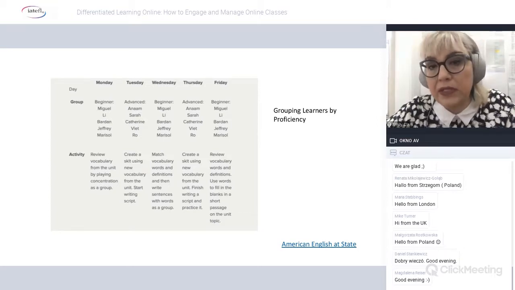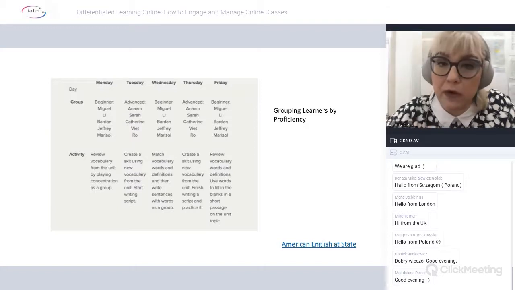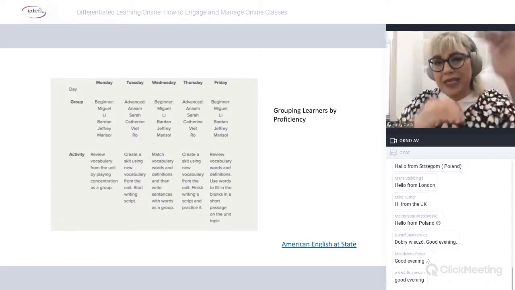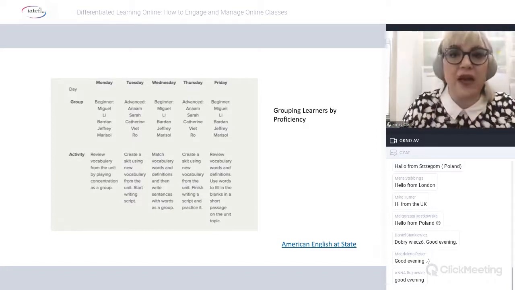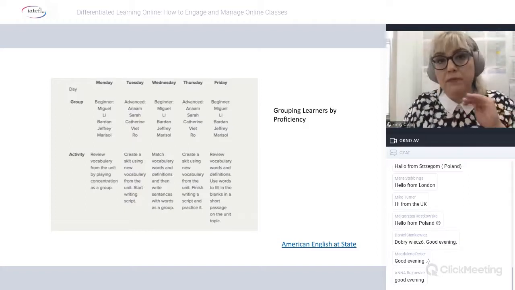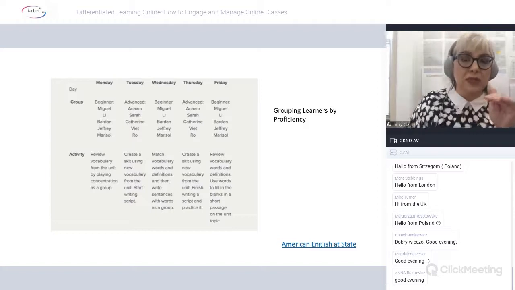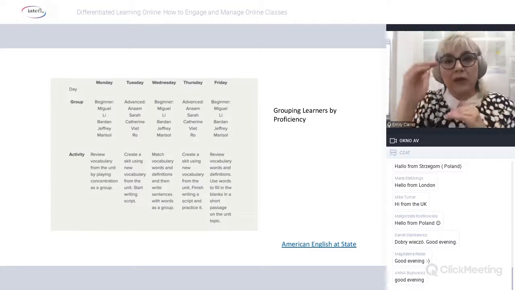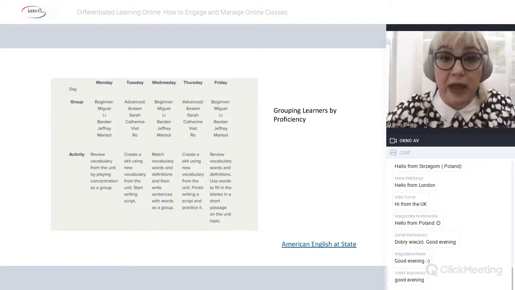So that's not how we do, again, grouping at my university, but you may still have students that fit within that range. Probably not to that extreme, but definitely I've had students with very, very beginner, and then students that are a higher beginner. And then again, how are you differentiating from there?